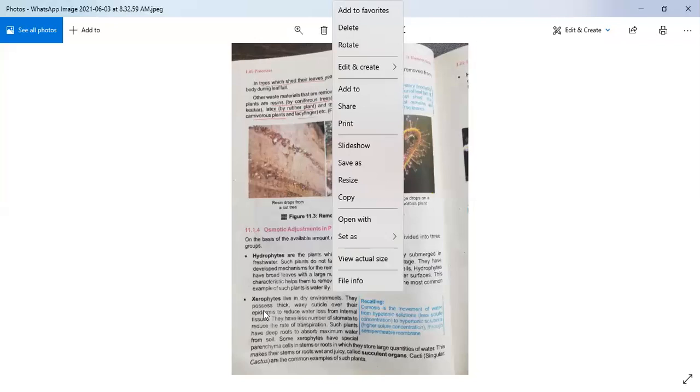You can also see on the screen, it is given other waste metabolites that are removed from the body of a plant.